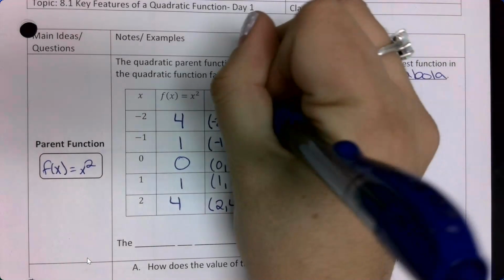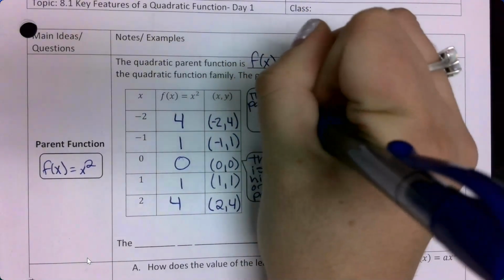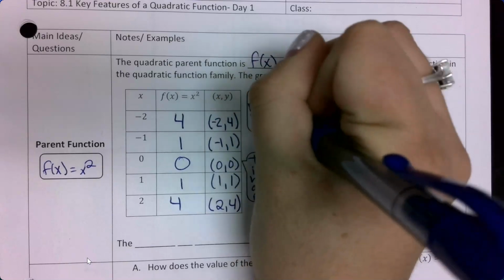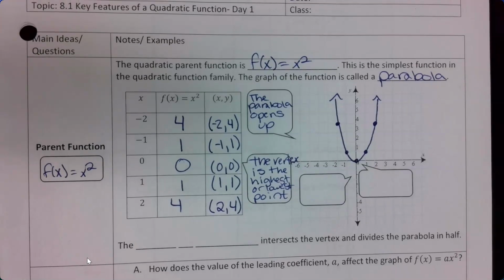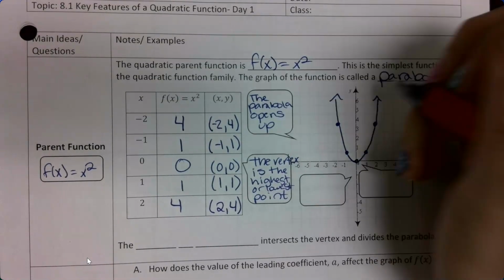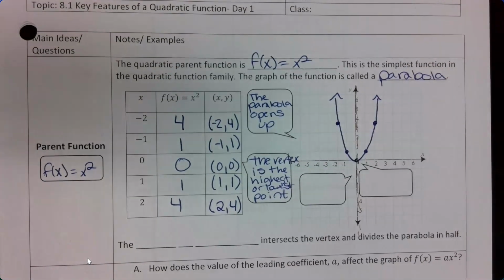Okay, so I want to write that the parabola opens up. Then if I take a look at this, if I cut this graph in half and folded it over, it would reflect on itself.